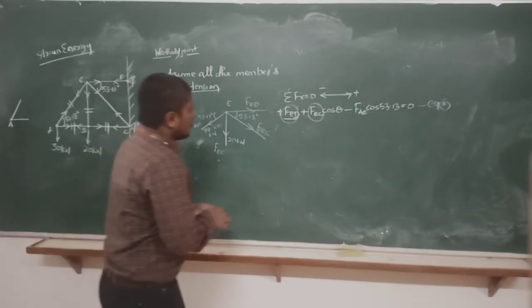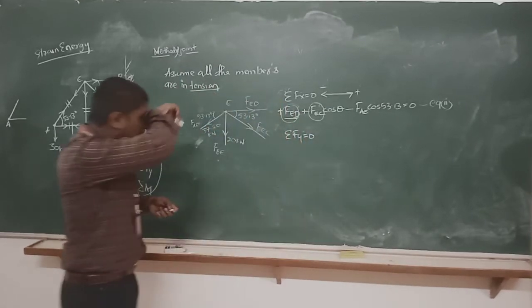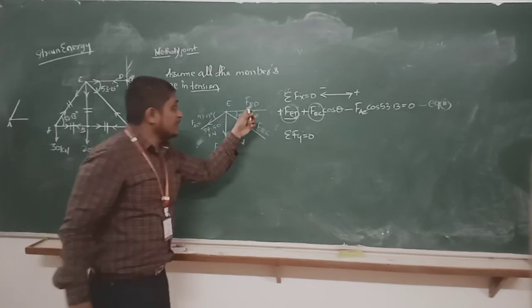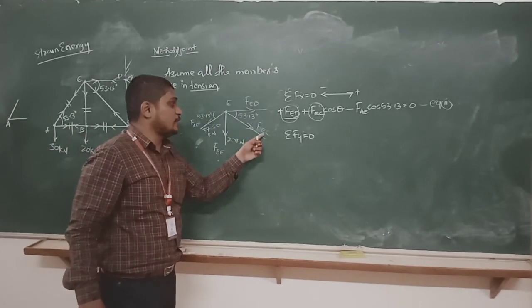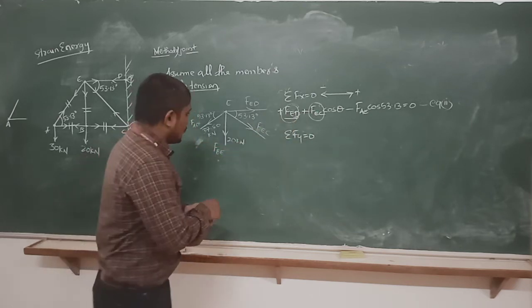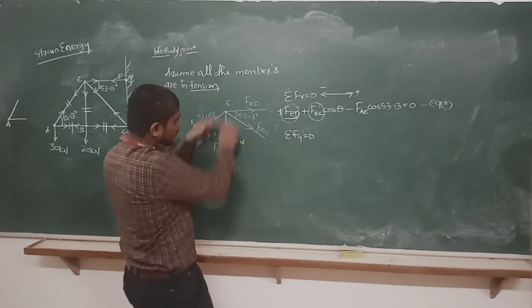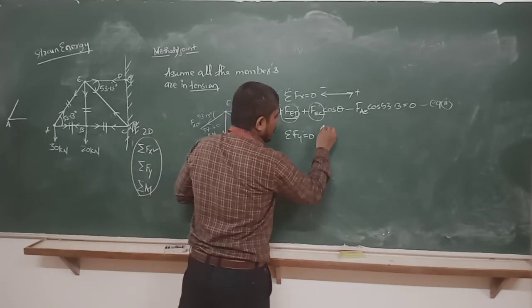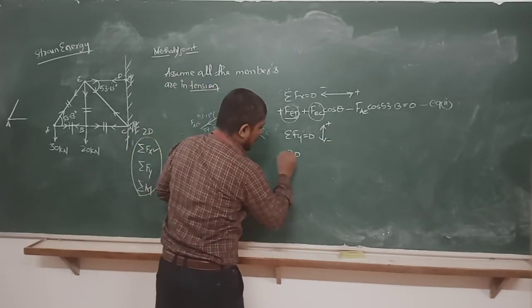Now jump towards the summation of Fy is equal to 0. In that Fy, this horizontal force will not come, so easily we can find the FEC value. Then we will substitute the FEC value in this so as to get the FED value. Now see Fy. Which forces are there? Upward positive, downward negative. 20 kN is downward, so minus 20.